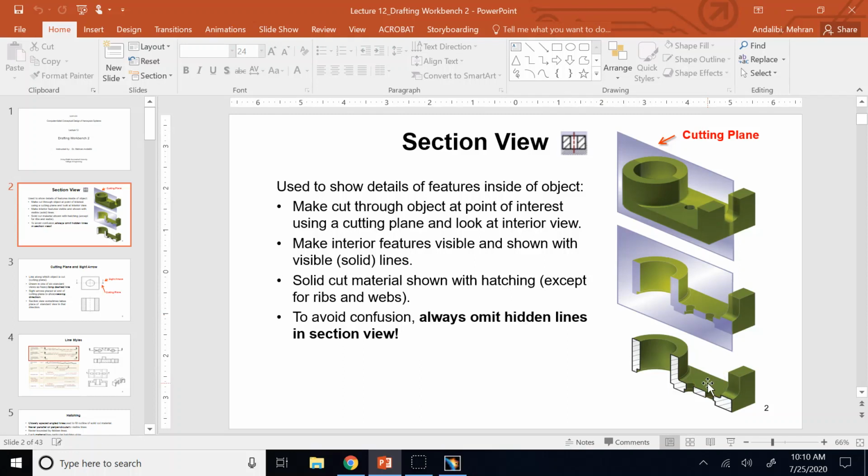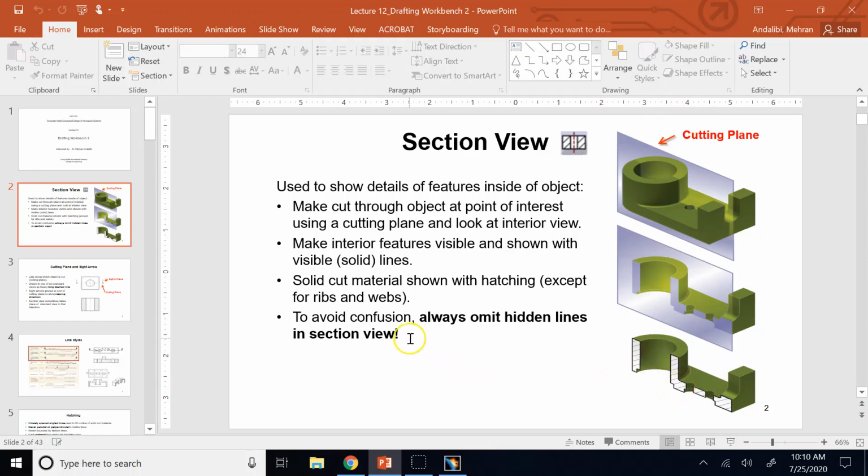So section views are not meant to show everything in the part that is behind the cutting plane. What we are really interested in is the areas that are cut by the plane that we hatch, and then some other details that we are interested to see as visible lines. So if there are invisibles, we are not going to put them on the top of visibles or on the top of the hatched areas.